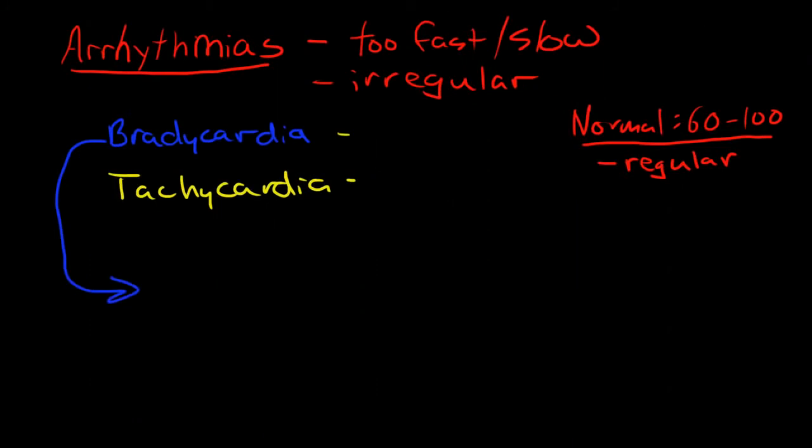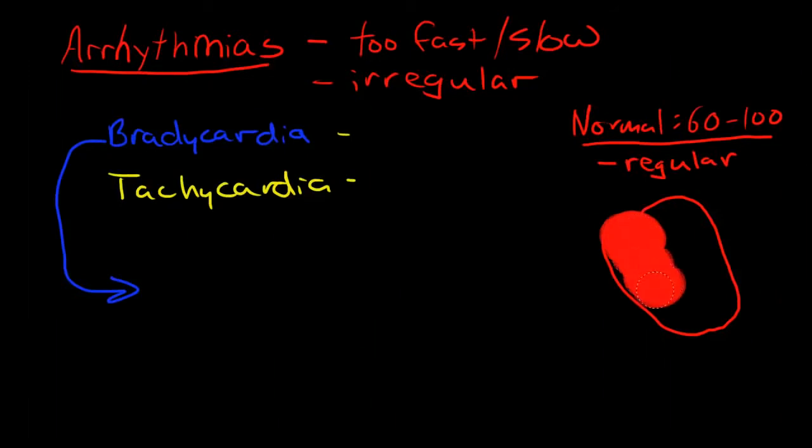So for bradycardia there are two possible causes. Remember, we have the heart here, and the chambers of the heart. Let me just color this in. We have a nice big red heart here.